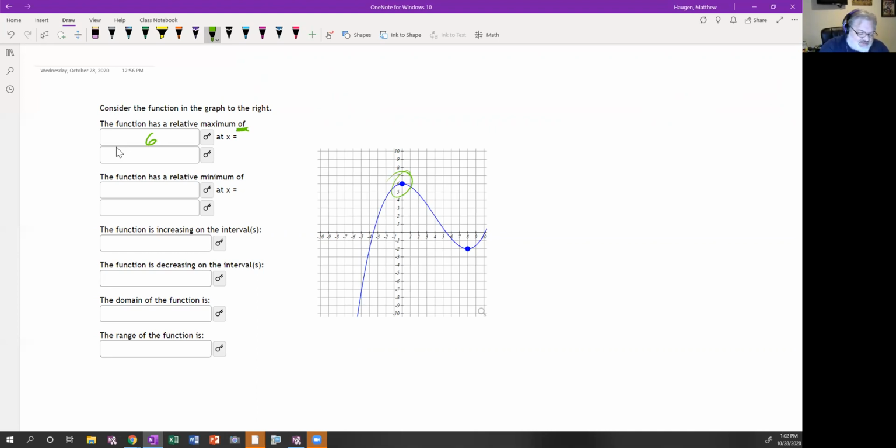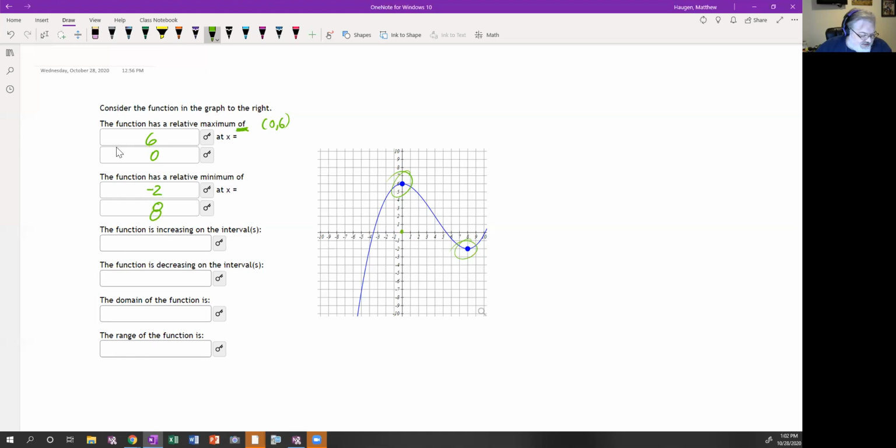It's occurring at x equals 0. So the relative maximum is happening at the point 0, 6. Not what you would ask, but let's look at all of it, right? It has a relative minimum, and that relative minimum value is -2. It's happening at what looks like x equals 8.